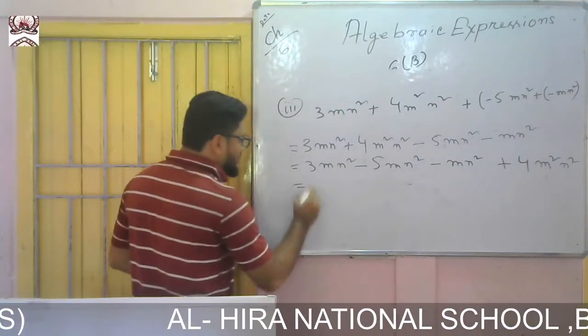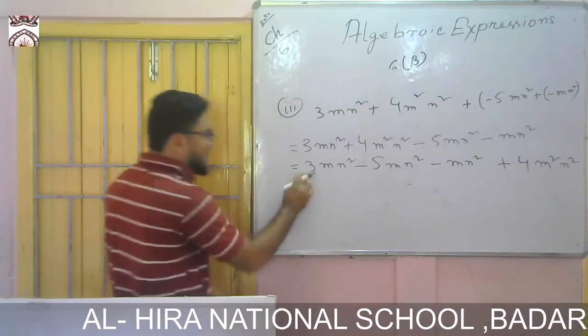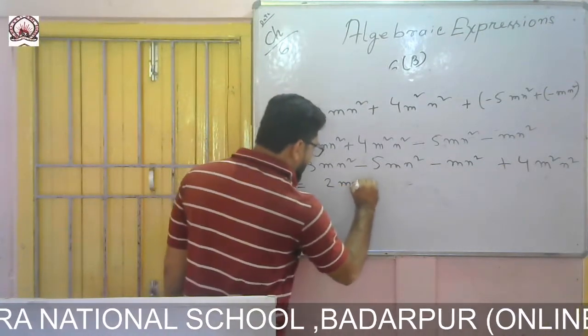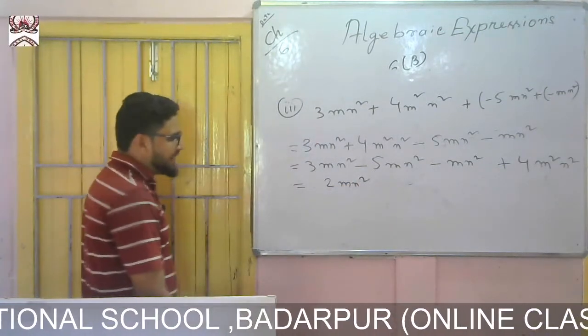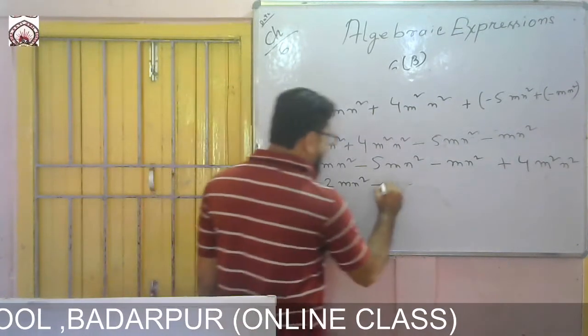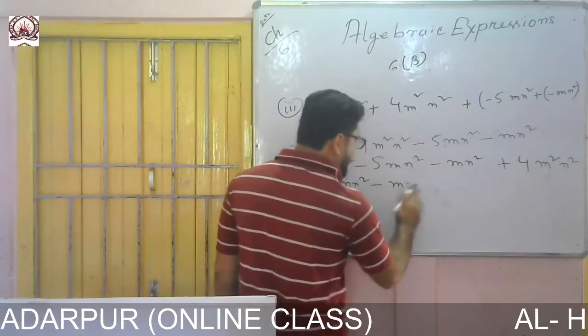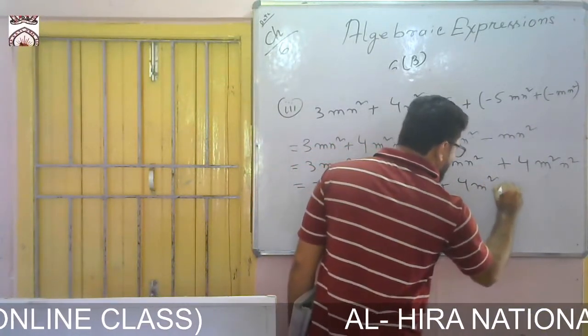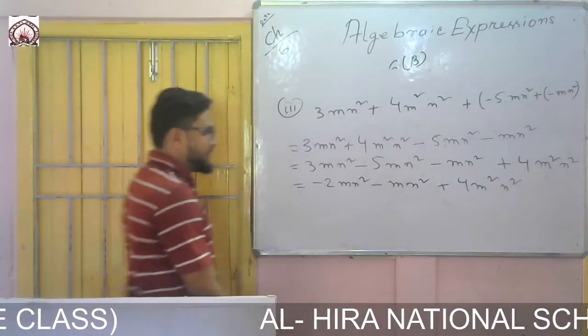Now we can add this term. So 3 and 5 plus minus, minus. So 5 minus 3, it is 2mn square. And here will be minus, because 5 is bigger. Then again minus mn square plus 4m square n square. Okay.